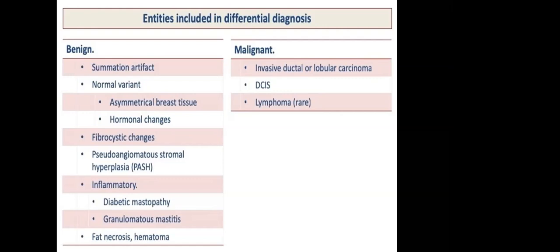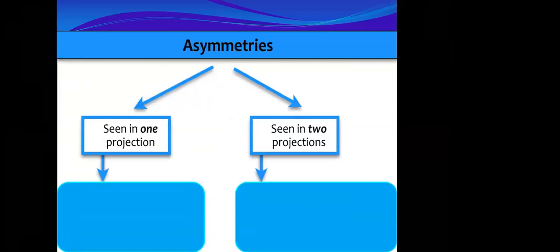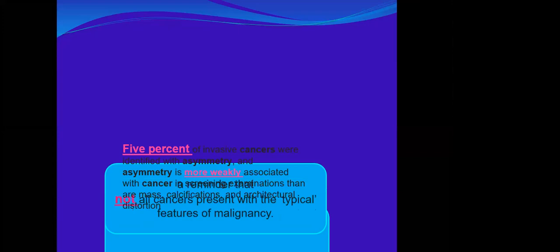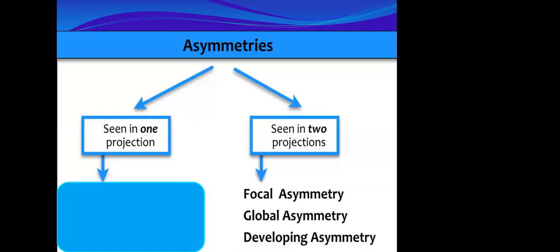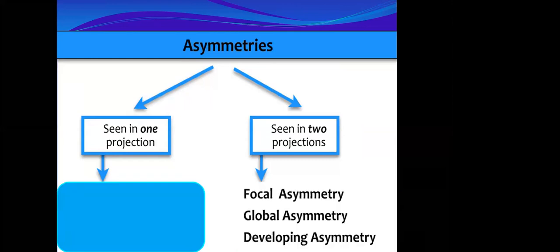If it is malignant, invasive ductal, lobular or mixed, DCIS, lymphoma, and rarely mucinous and tubular carcinoma. And asymmetries, if seen in one projection, will be an asymmetry. If seen in two projections, it will be focal asymmetry, global asymmetry, or developing asymmetry.